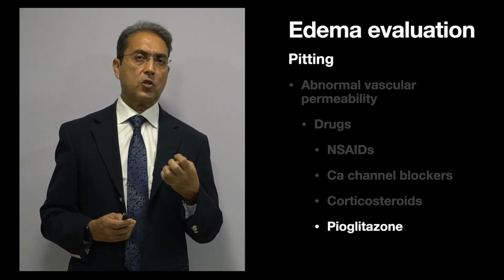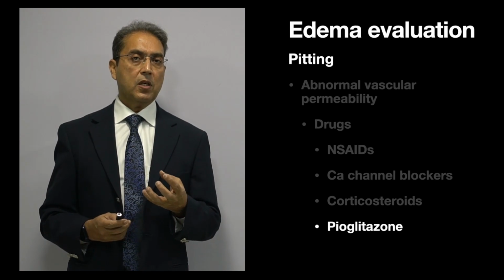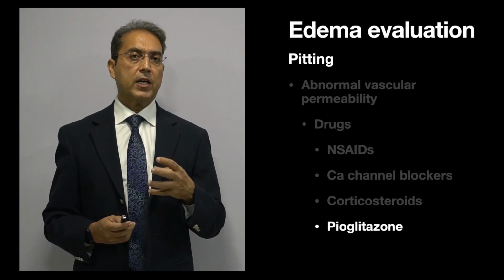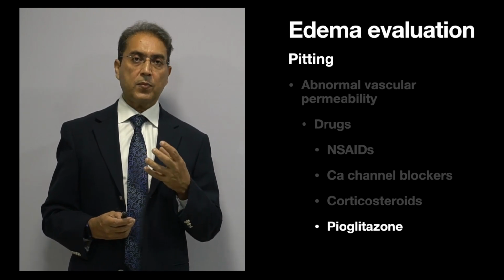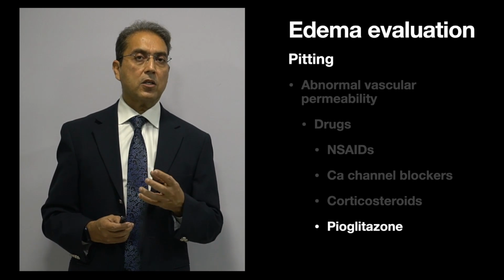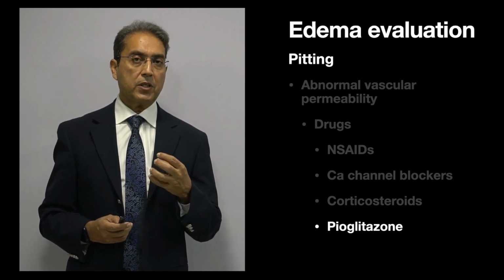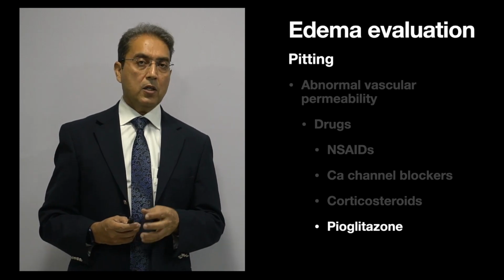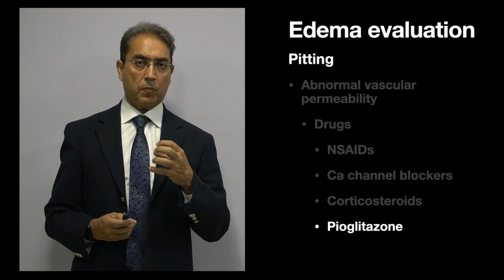They cause fluid retention, while calcium channel blockers cause leaking of the blood vessels. So the patients can have edema because of drugs. Whenever you examine a patient with edema, always check the prescription. Are there any drugs which can be the possible reason for edema? For example, even in some patients, insulin can cause edema. So look for the presence of drugs which can produce edema.